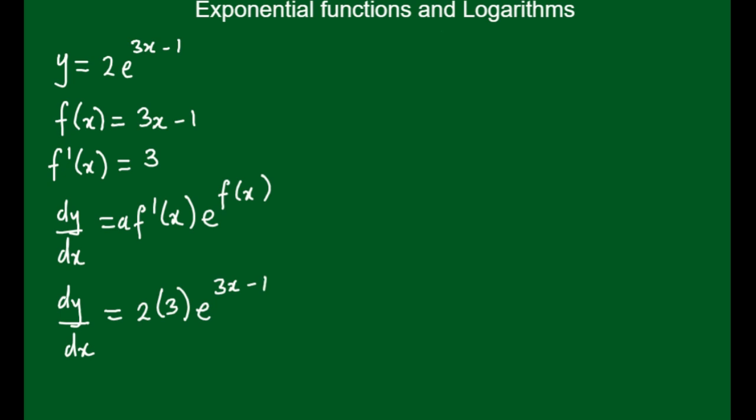So finally our dy/dx is equal to 2 times 3, that's 6, e to the power of 3x minus 1. So it's as simple as it gets. It becomes simpler as we move on.